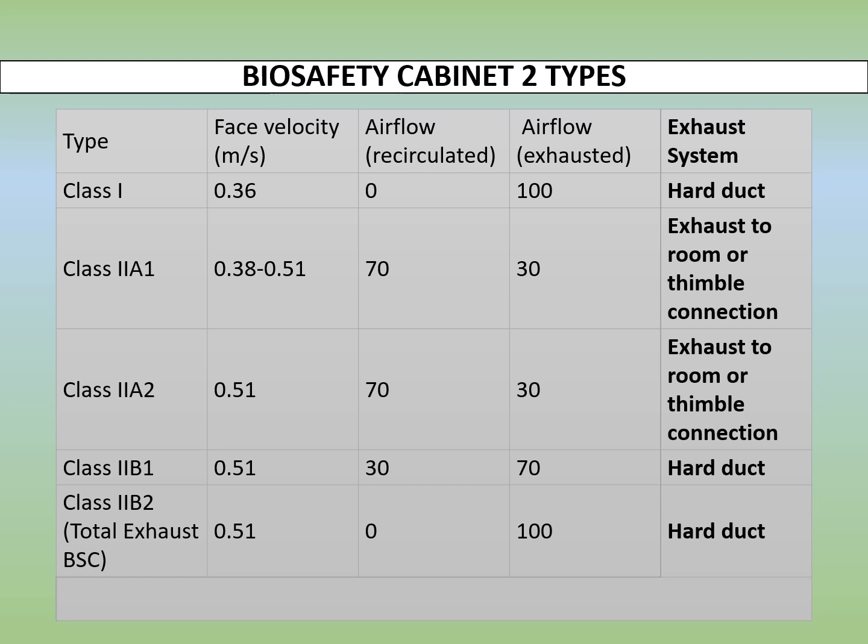Class 2B2 cabinet allows 100% of air to be filtered out of the system, and so is useful for the users who have to deal with toxic fumes or chemicals. So this is the basic difference between these types.